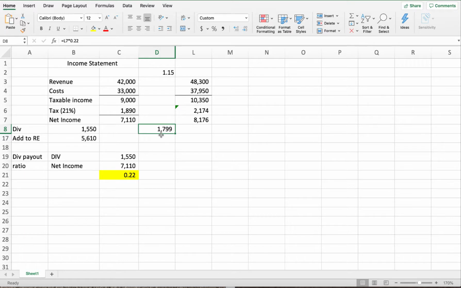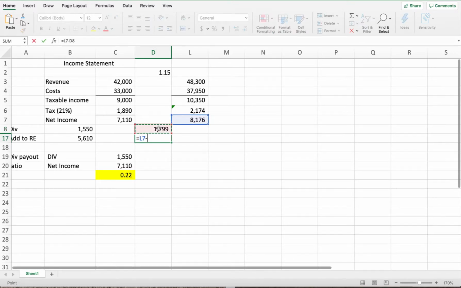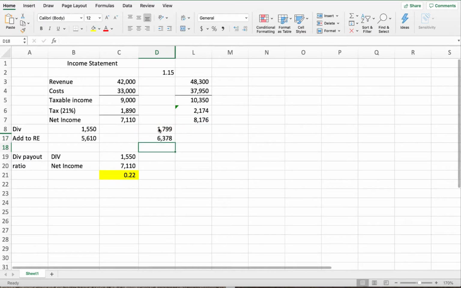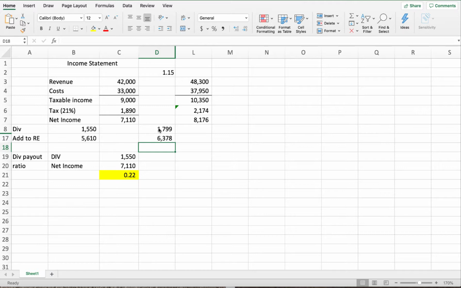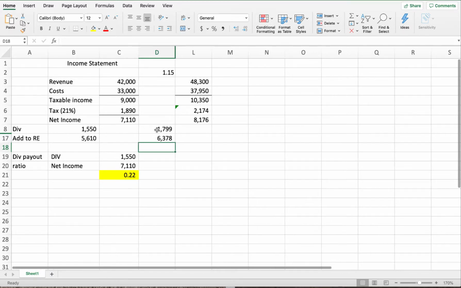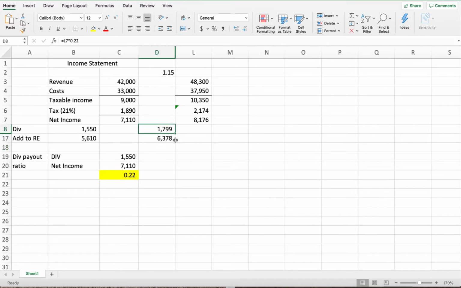Very easy to do. I take my net income minus my dividends, and I get $6,378. That's how I get my additions to retained earnings. All I did was take my net income, multiply it by my dividend payout ratio, and we're good to go.